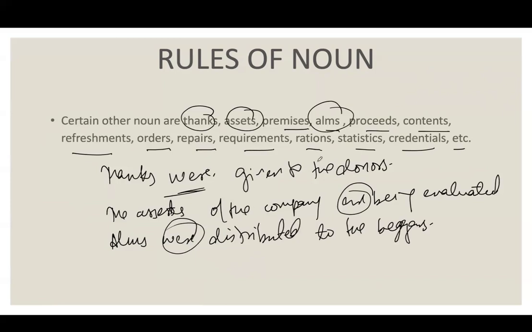Similarly for the other words also. The contents of the books are interesting. I can say statistics are misleading sometimes. I can say refreshments were served at the event. So all these words will take a plural verb.